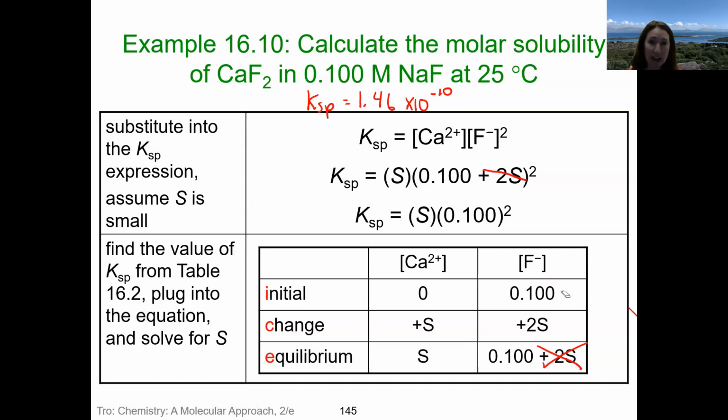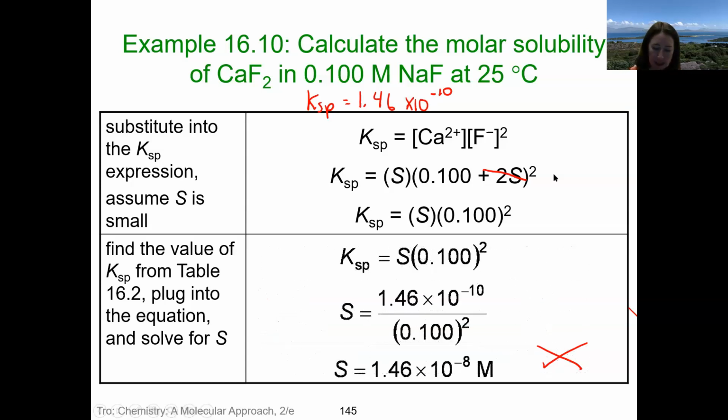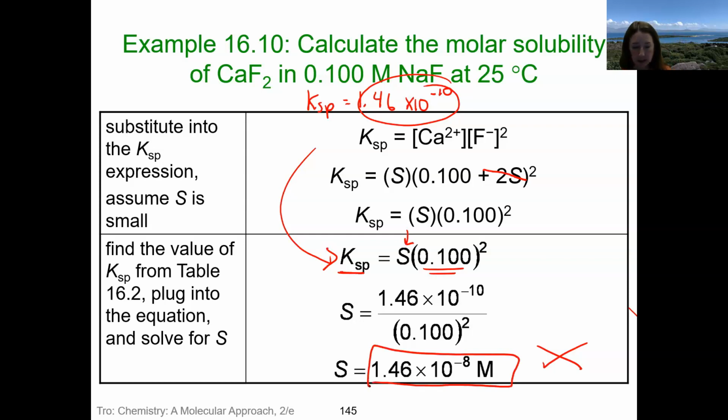You're in no danger of the S is small assumption failing. So S is small always works. So we plug this in. Here's our KSP. Plug this in here, solving for our solubility. And so our solubility is 1.4 times 10 to the negative 8th molar. That's the solubility of our CaF2 in extra NaF.